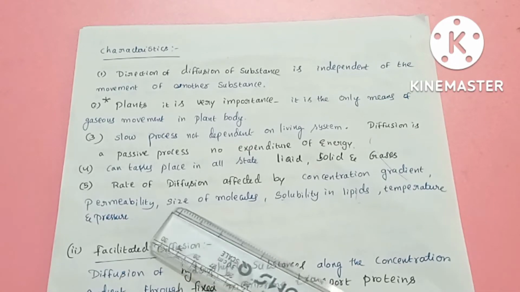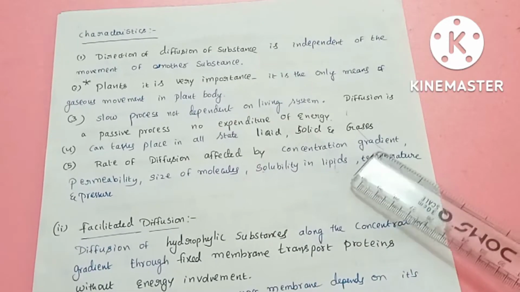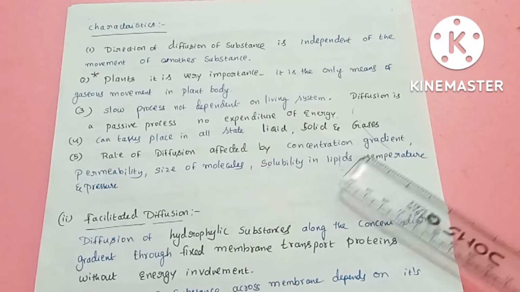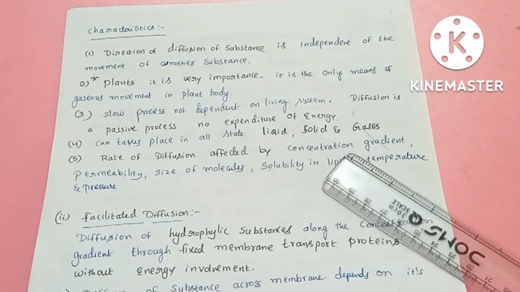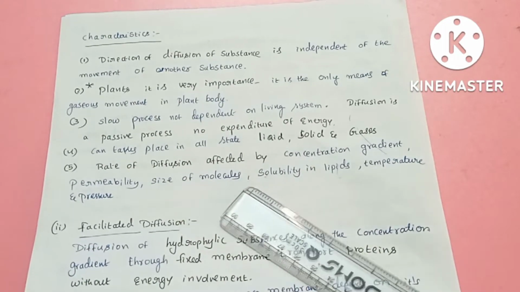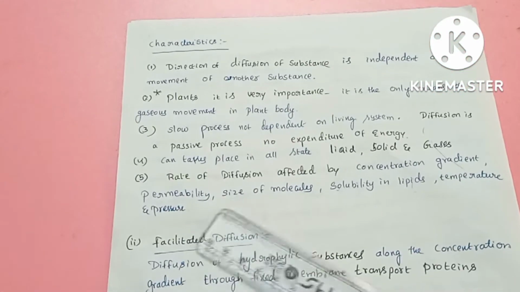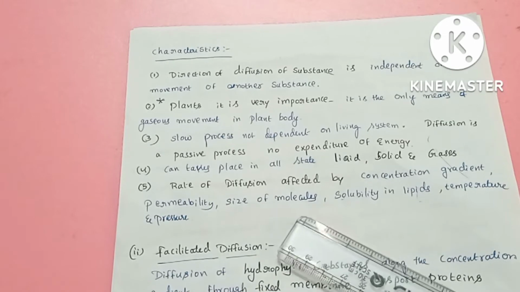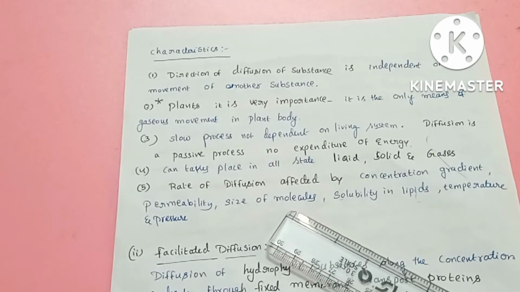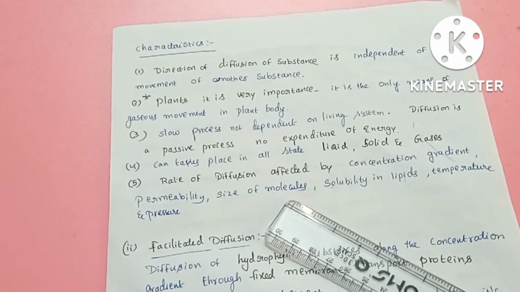The rate of diffusion is affected by some factors like concentration gradient. What is the meaning of concentration gradient? The difference in the concentration. Permeability means the membranes allowing molecules to pass through; if they are permeable, then only the smell will move. Size of the molecules: the larger the molecules, the more difficult the diffusion.